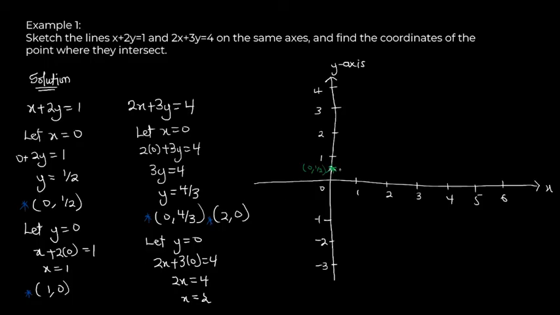Then the second one is 1 and 0, so my x is 1 and y is 0, so it is over here. So our line will pass through like this. This is the first line, x plus 2y is equal to 1.